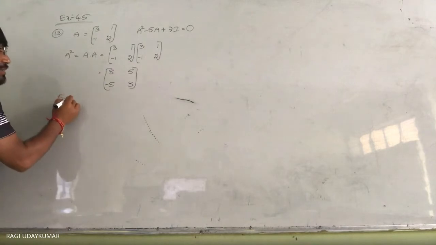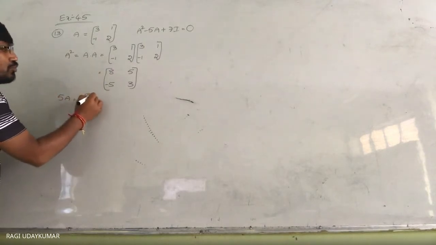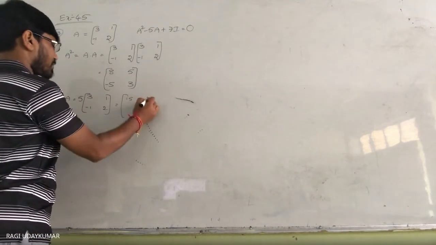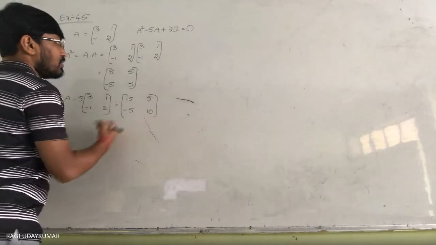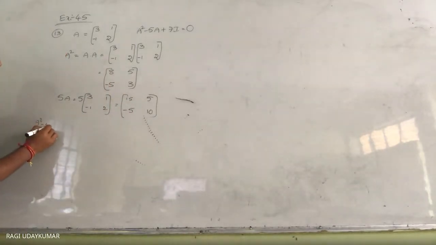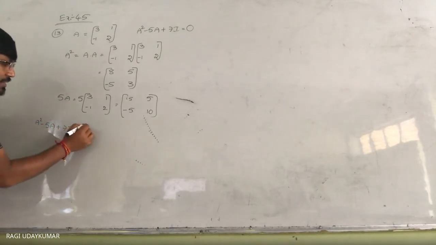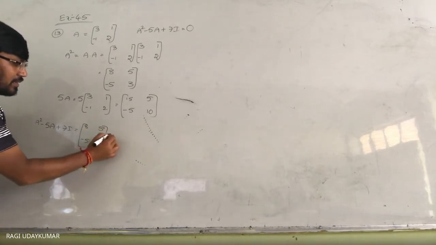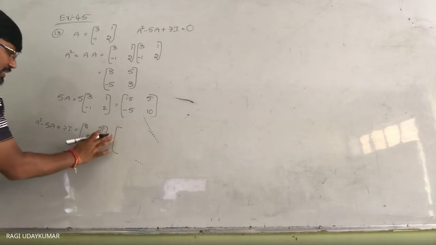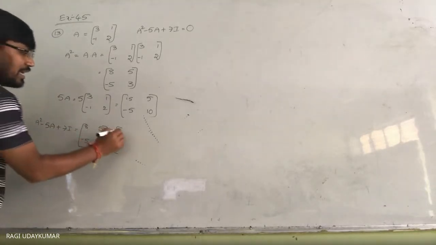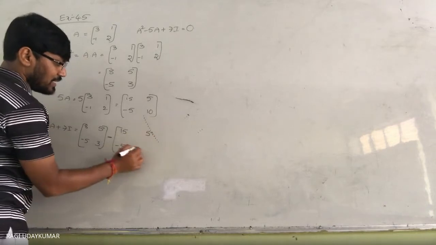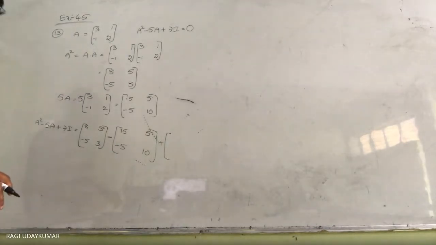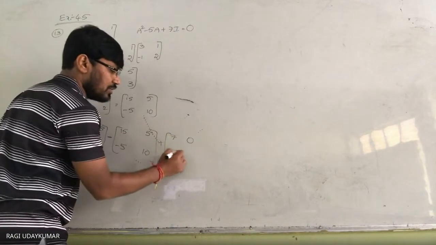Okay, 5A is nothing but every element of A should be multiplied by 5. So 5 multiplied into 15, 5, minus 5, 10. So now whatever it is asking you: A square minus 5A plus 7I. A square is nothing but [8, 5; minus 5, 3] minus 5A, which is [15, 5; minus 5, 10], plus 7I, which is [7, 0; 0, 7].